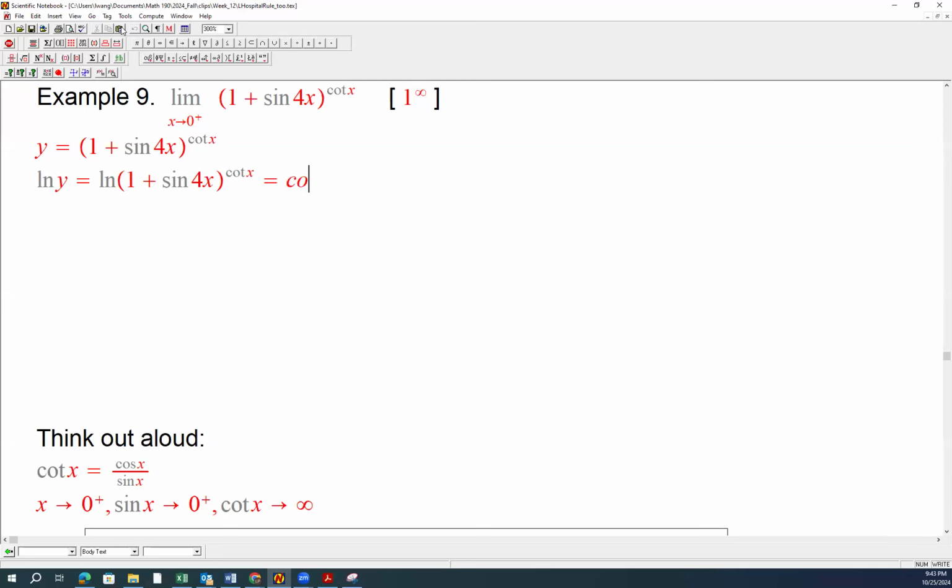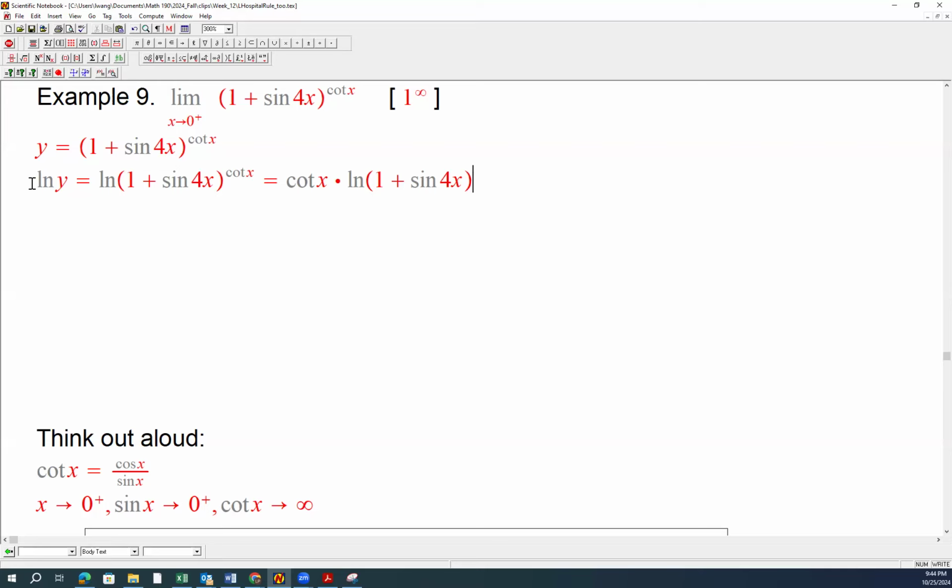Using the power rule, we get cotangent x multiplied by ln of the whole parentheses. Now we're going to take the limit on both sides.